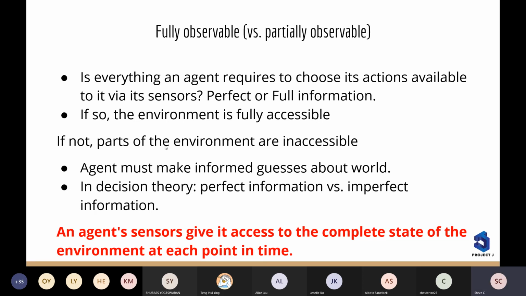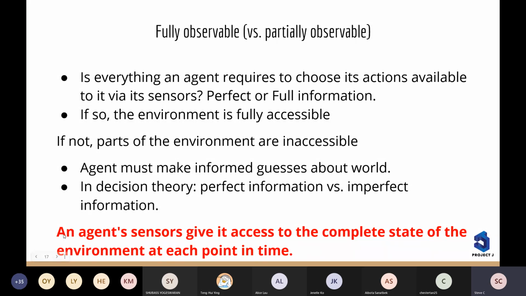If not, parts of the environment are inaccessible. Hence, we will call it a partially observable environment. If parts of the environment are inaccessible, then the agent must make informed guesses about the world that they're working in. In decision theory, it's perfect information versus imperfect information.